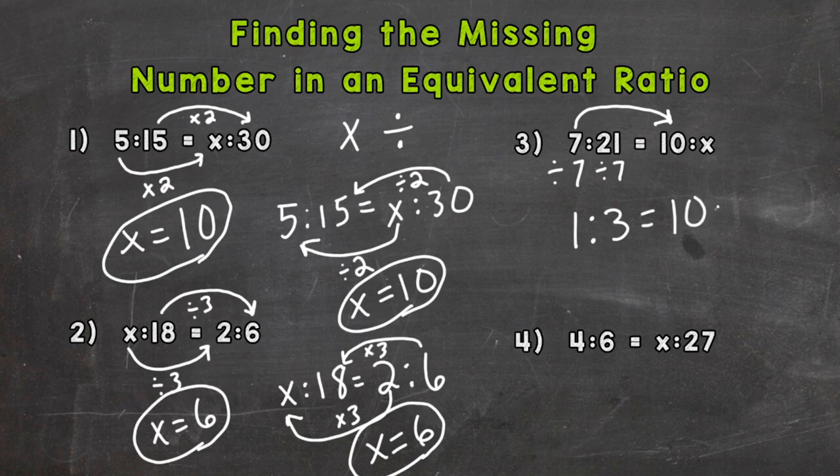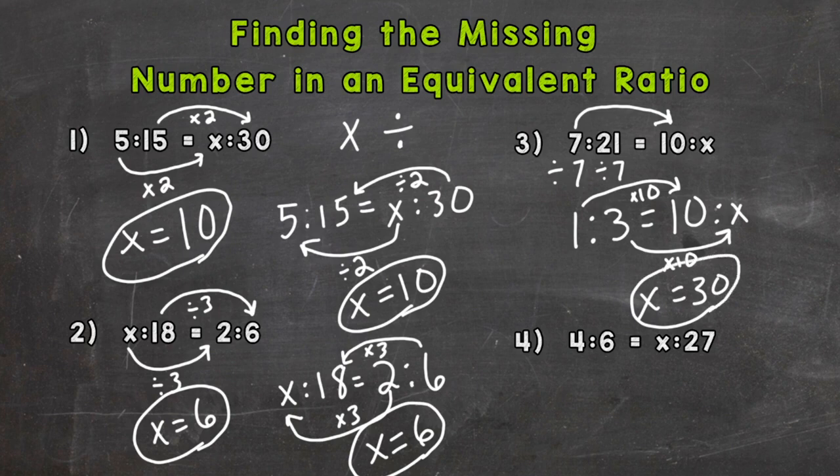Now let's put our right side in, and this is going to be much easier. So how do I get 1 to equal 10? Well, I can multiply by 10, and let's do that to the 3 as well. 3 times 10 gives us an answer of 30. So x equals 30.